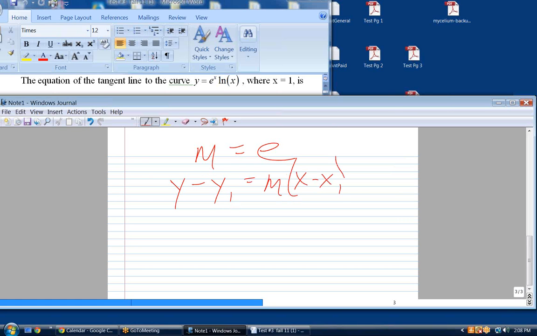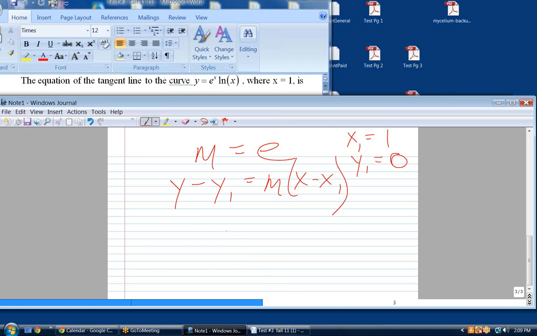Now we know x1 equals 1. What's y1? We have to fill that in. Will we put the x back into the first equation to find y1? Yes. So that's just 0.